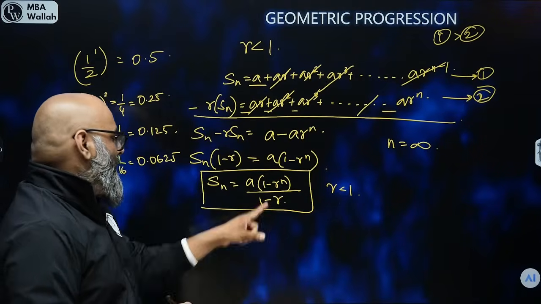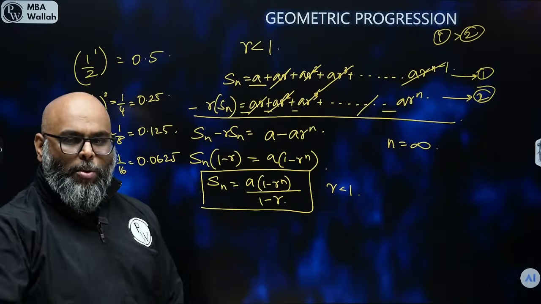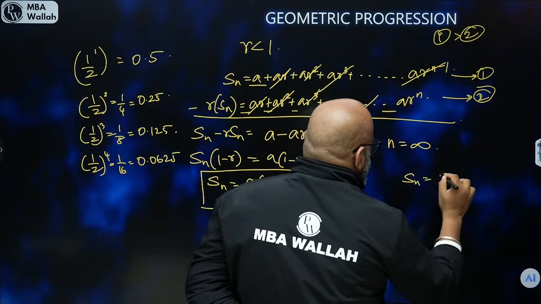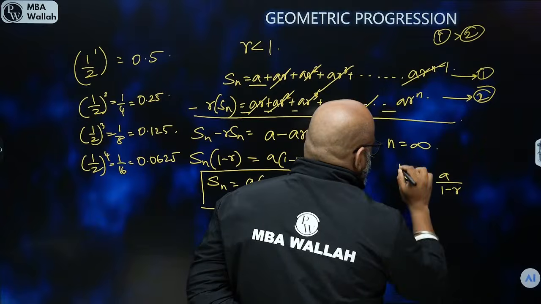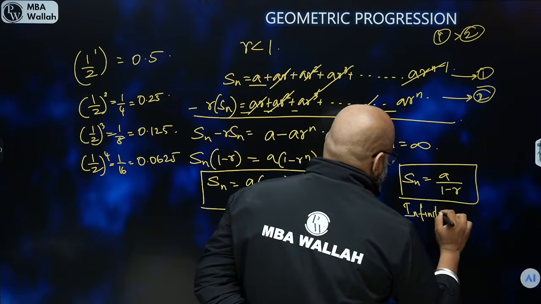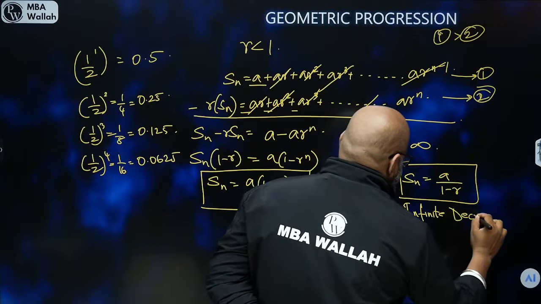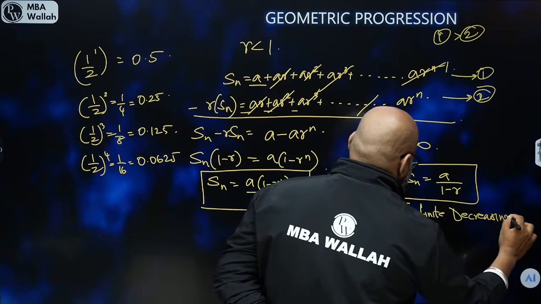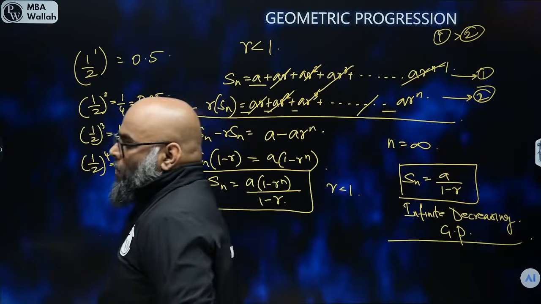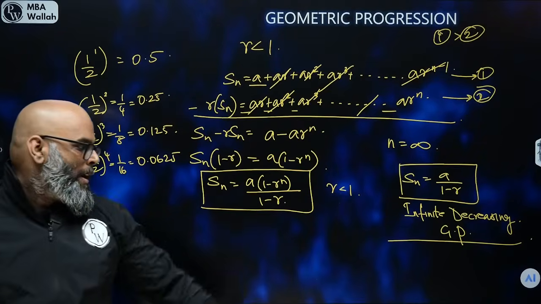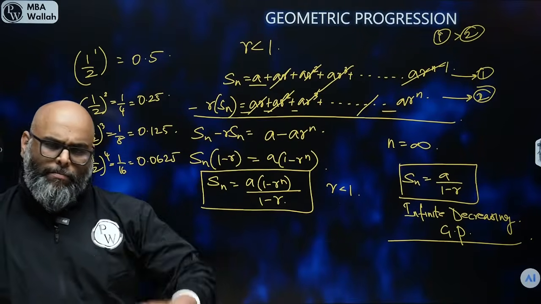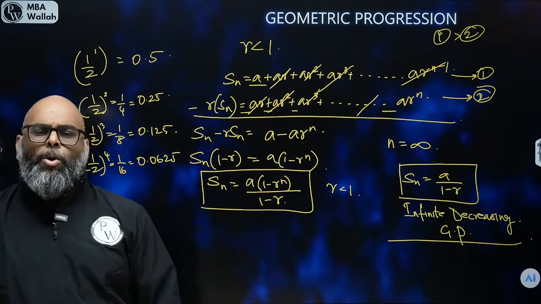In that case, can I say r power n will become 0? So what will be Sn? A by 1 minus r. Under what condition? If it is an infinite decreasing GP. When it is an infinitely decreasing GP, the formula would simply shift to A by 1 minus r. That's all. Nothing more, nothing less.